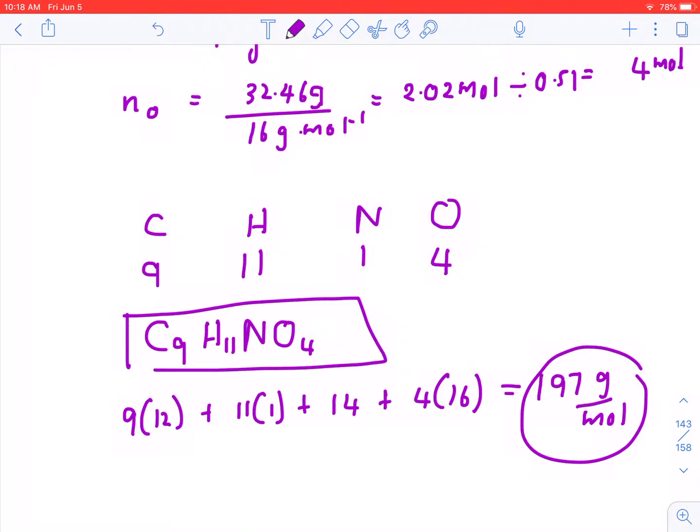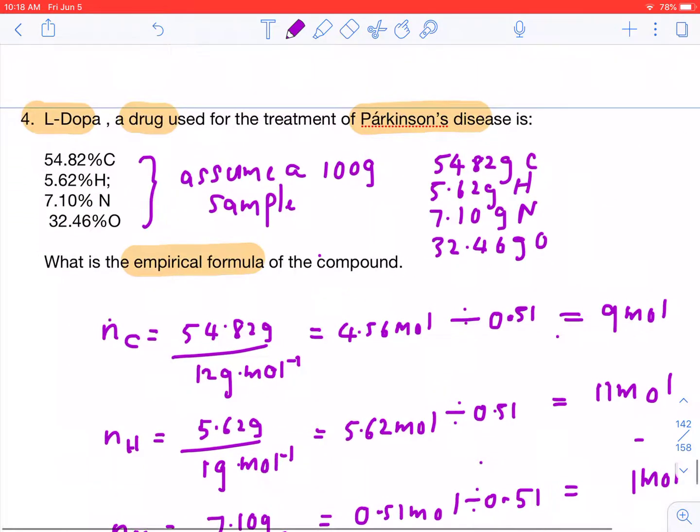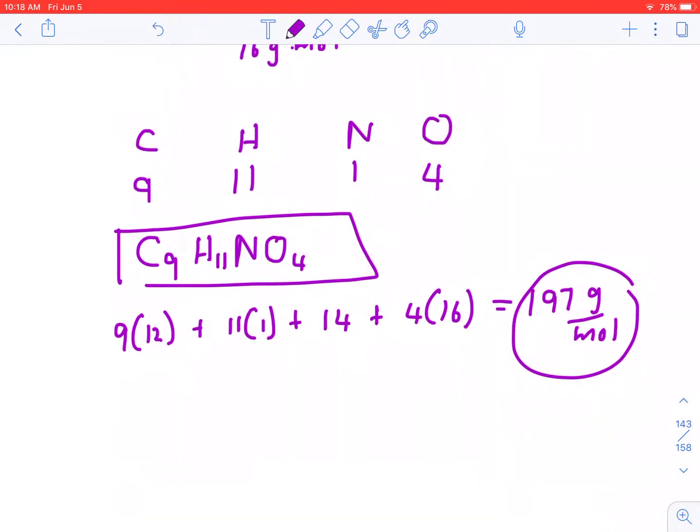And if you want to now test whether the percent composition of carbon is equal to 54.82%, you can test it. Because you know carbon, how much have you got of it?